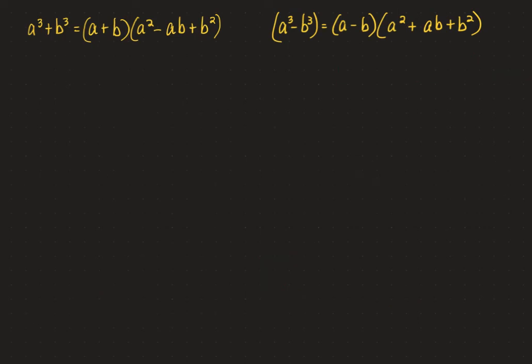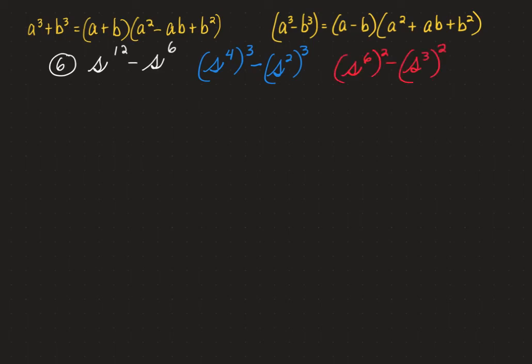One final, very special example. Now, there are different ways to look at this. You could look at it as the difference between two cubes. You could look at it as the difference between two squares.